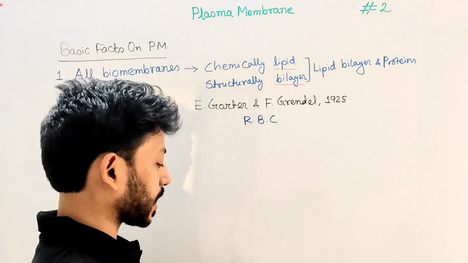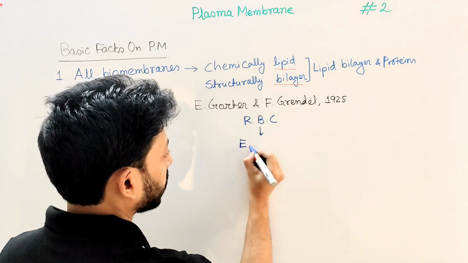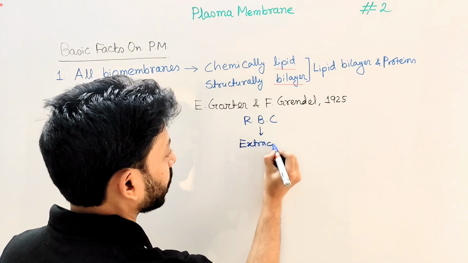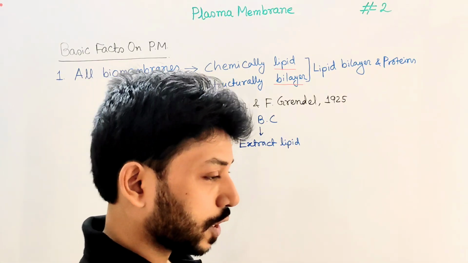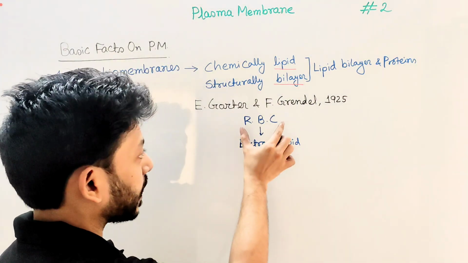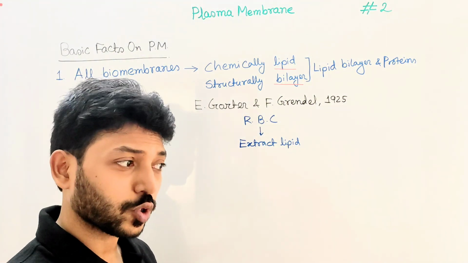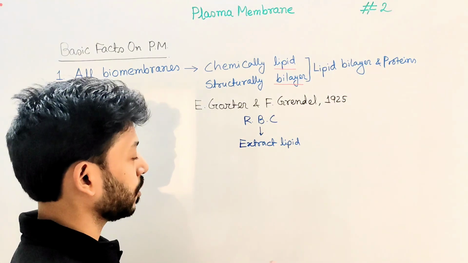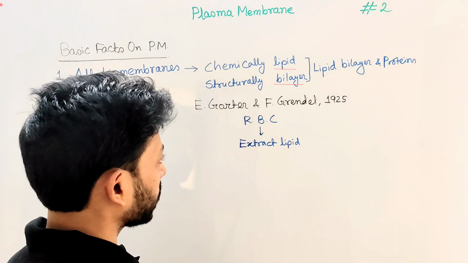They extracted lipids from the red blood cells, so the lipids are actually coming from the plasma membrane. The extraction method is very simple.